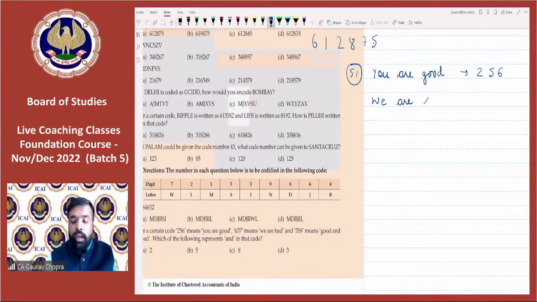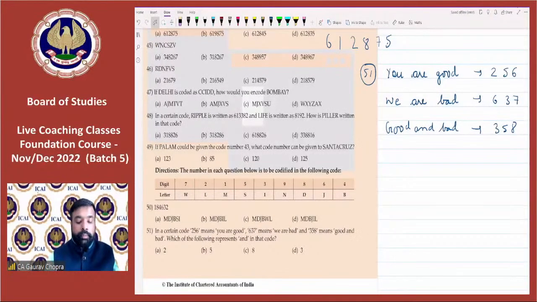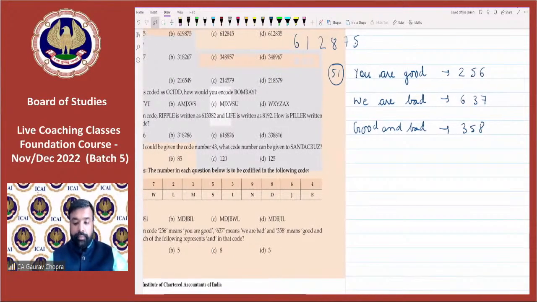We are bad, this is 637. 358 is good and bad. Now, which of the following represents and in that code? So we have to find and.